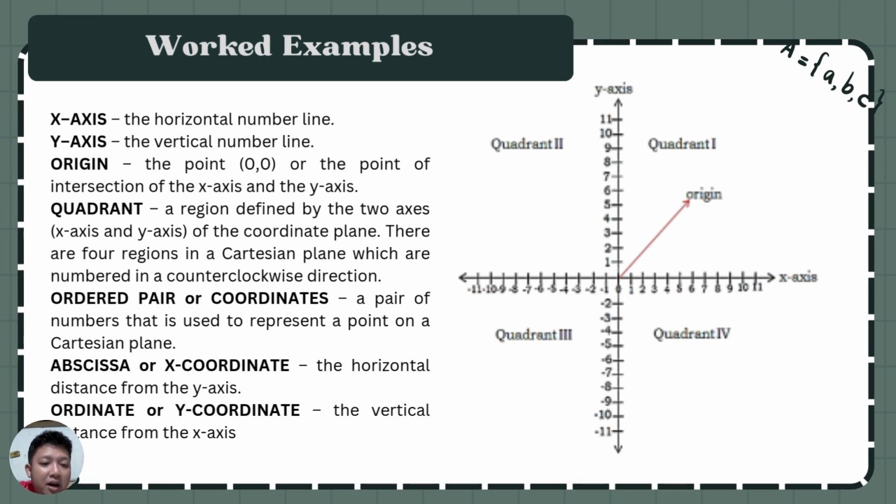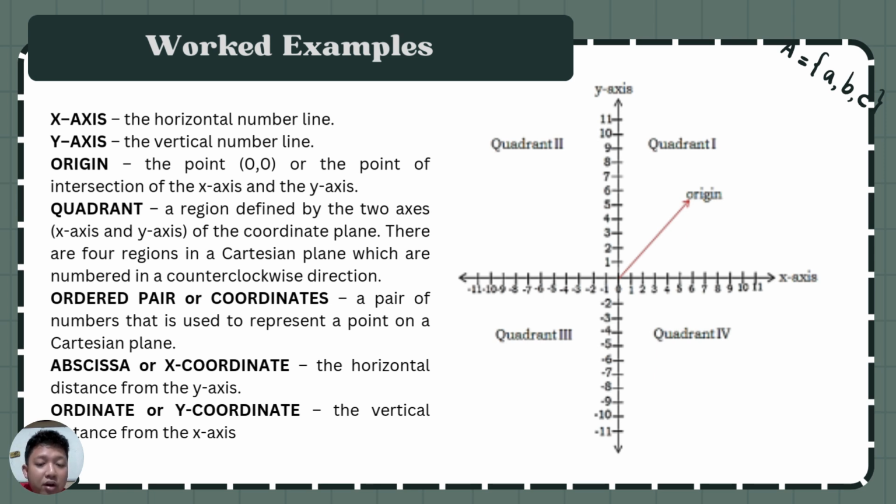So, ordered pair or coordinates. We call them ordered pairs. These are number pairs, or pairs of numbers, that give us the location of a certain point. Example, 0, 0. We know that 0, 0 is the intersection point of the two axes.